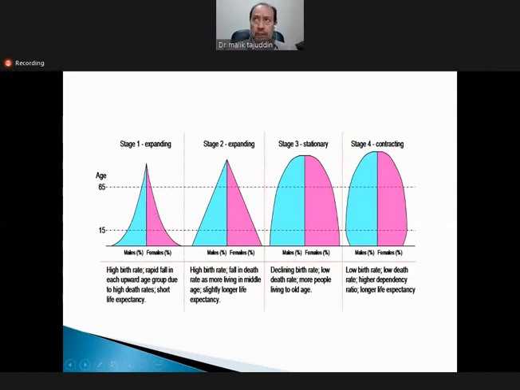So these are the different stages of the demographic pyramid of a country. In the first stage, the birth rates are high and the death rates are high as well, so the population will not increase. As many people are born, the same number of people, more or less, are going to die.